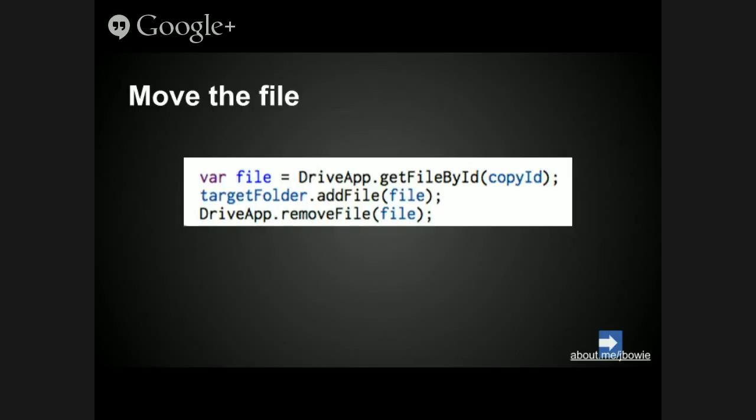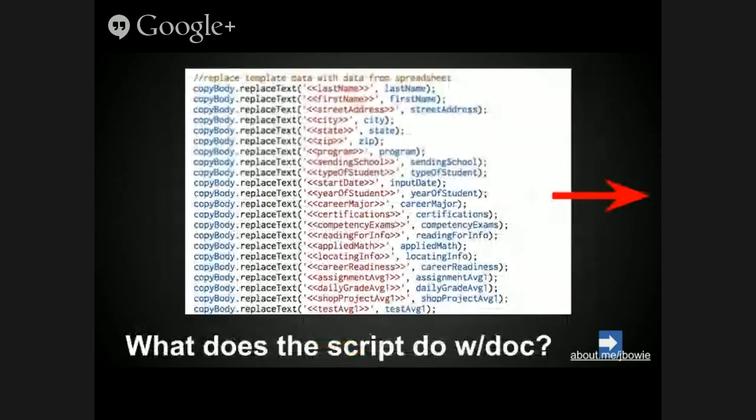Is it somewhat color coded, like things that are in blue, are they kind of like live moving? Does that make sense? Yes, that's a great question. So one of the ways that I can troubleshoot my script is when I've done a test progress report, and I go, well, it didn't replace sending school. It still left it there. Well, that's because if sending school were black, that's telling me sending school is not identified as a variable in the top part of my script, in the part before that.